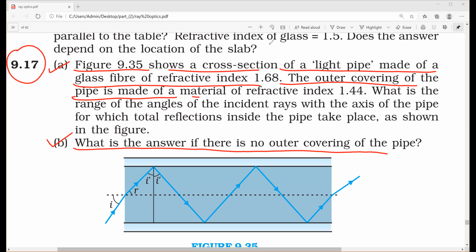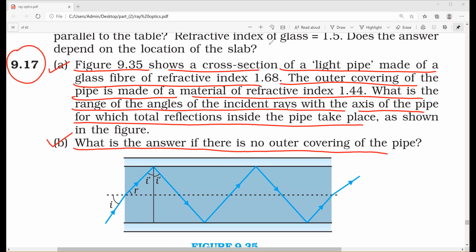In the figure 9.35 shows a cross section of a light pipe made of a glass slab of refractive index 1.68.